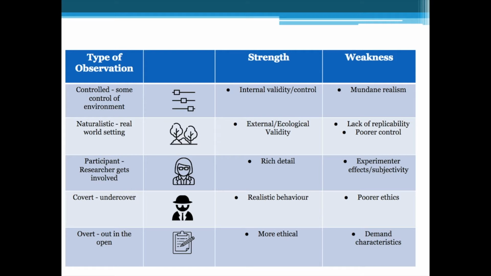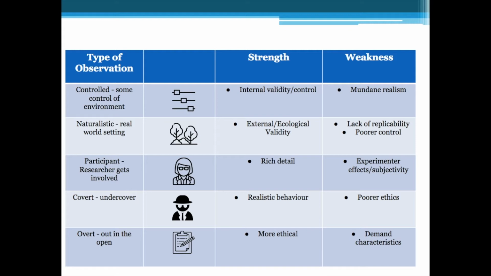So that's an issue. Another categorization is covert or overt. So if you're covert, you're undercover, like James Bond. And if you're overt, you're out in the open. People know what's going on. And again, this will have an impact on how people react. So for a covert observation, less people know what's going on.